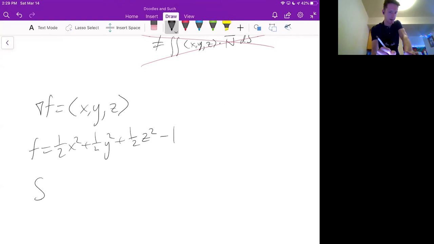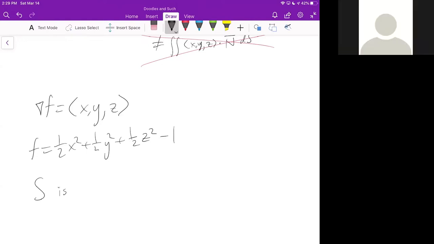So now the level surface S is what? Remember, S is the level surface where f equals 0. What does that look like? Is it a sphere?